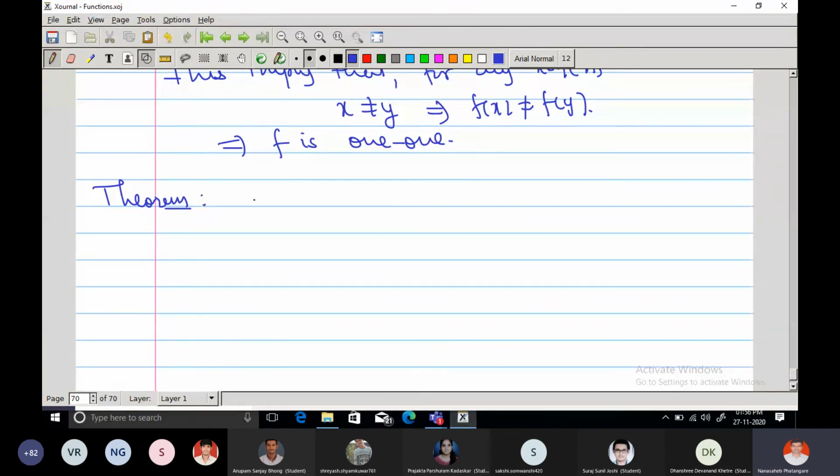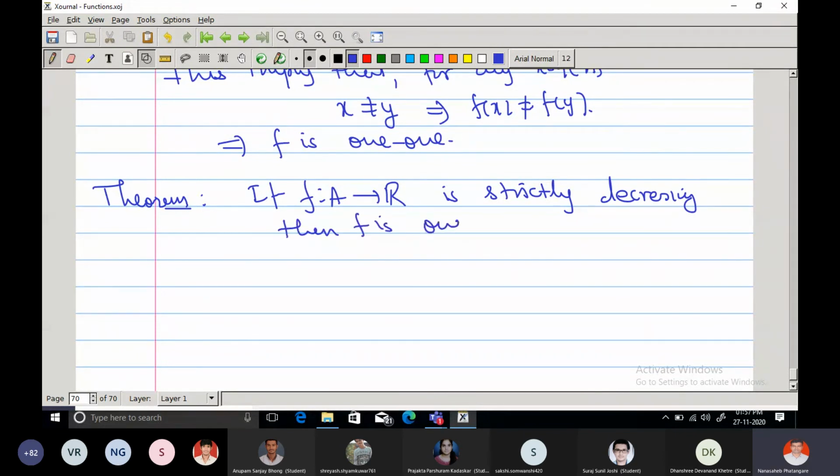If the function is strictly decreasing, then f is 1-1 by the same logic, correct? So you write down the proof along similar lines.